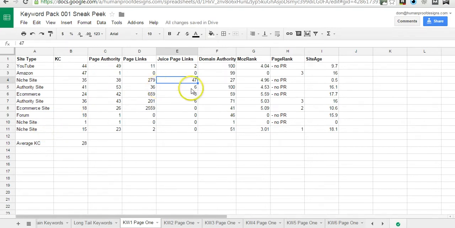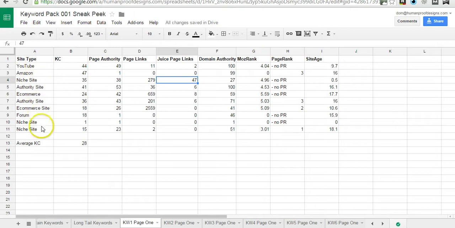The main things we want to look at are the types of site. The KCs are just to help us get a feel for the competitiveness and confirm whether or not it's rankable. Page authority does the same sort of thing, and juice page links. These things are just there if you're on the fence about a keyword and you're not sure.